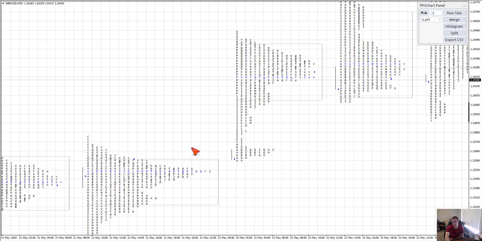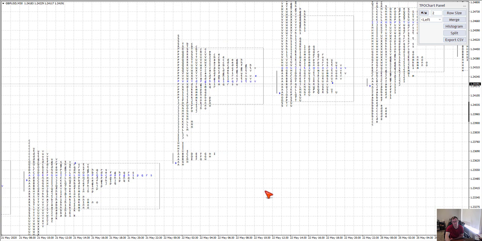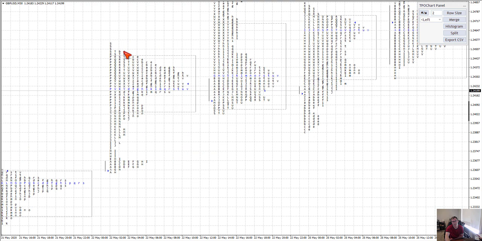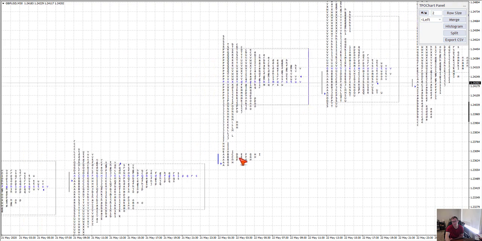Okay, so here, this is a classic example of a breakout, right? So the market A, B, C, D, E, F, G, look how tight that is. H, I, and then all of a sudden, I, J, K, L, M, N, O, P, all the way up, Q, R, S. Look, selling tail, that's kind of a strange one because it's almost cut off there. But you see how hard the market broke there.